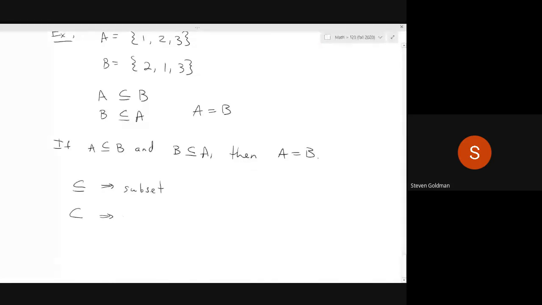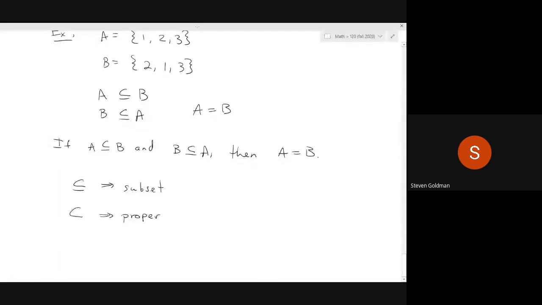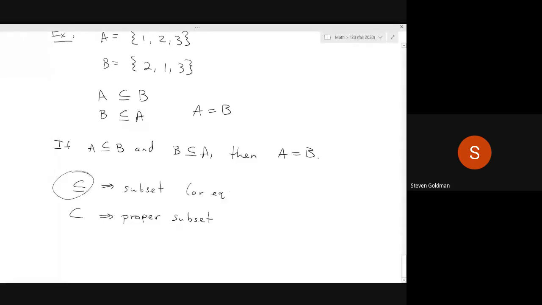This means that something is what we call a proper subset. If it has the underline, it's a subset, which means it can also be equal. It's similar to less than or equal that we were talking about before. The underline allows for equality. So when I circle this symbol, that means subset or equal.